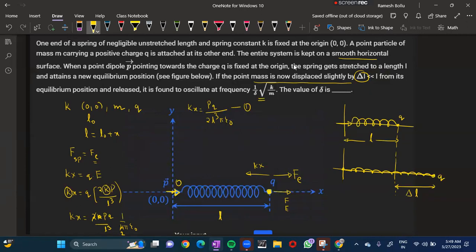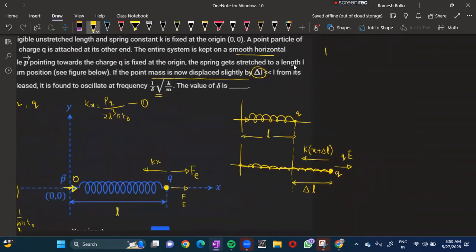Tell me how many forces are acting? One is spring force. Spring force how much? K into, already x meter elongation is there. Next, delta L also elongation is there. Say yes or no. And repulsion force is also there. What repulsion force? Q into electric field.